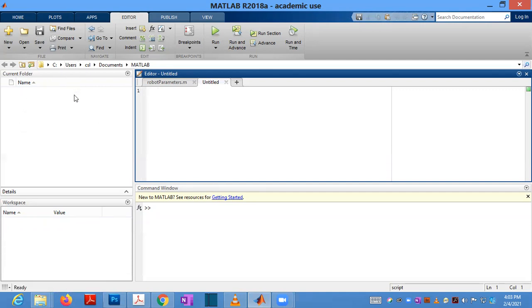This is MATLAB installed in the C drive. First you have to make a folder. That will be your current folder, and whatever things are available in that folder will be shown here.